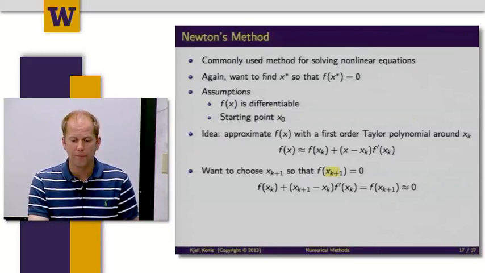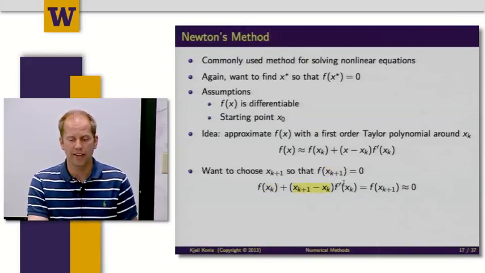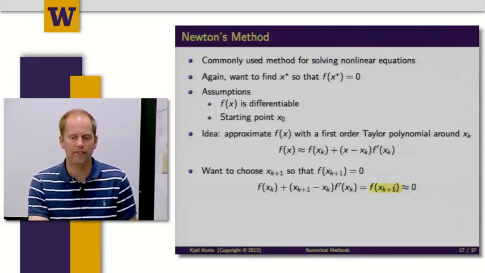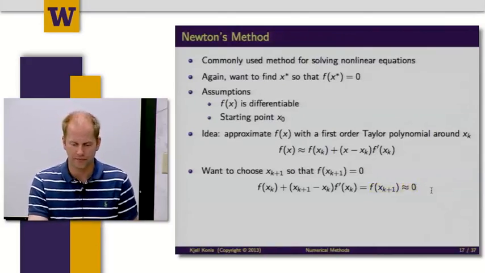And what I'm going to end up with is f of xk, so this is just my Taylor polynomial again, plus xk plus 1 minus xk times f prime of xk. That's an expression for f of xk plus 1, and that's supposed to be an approximation for f of x, and I want f of x to equal 0. So I'm going to say that's approximately 0. I'll just set that equal to 0 and use that as my approximation.